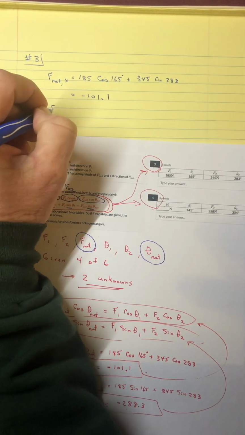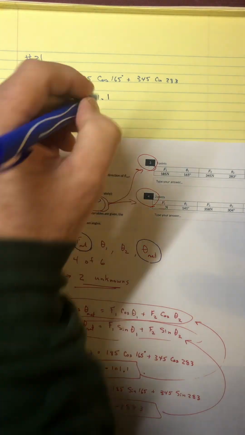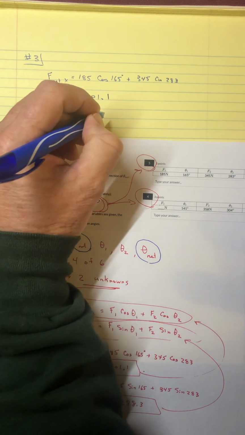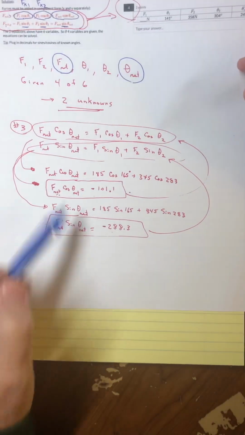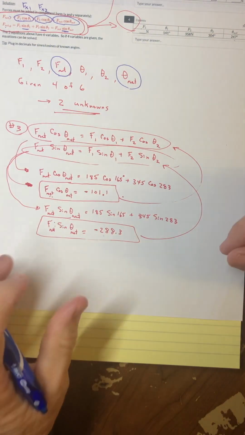So the net force y component would be a negative 288.3. Okay, so I did all that at the very beginning, and then I started jumping into solving for the 2 unknowns.